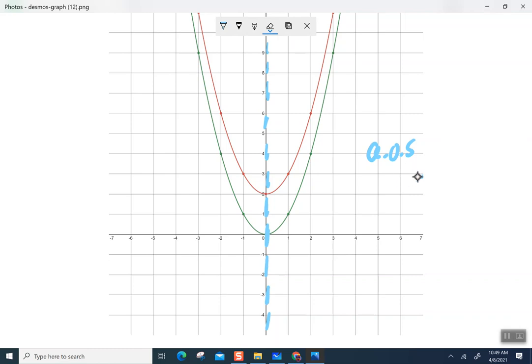The axis of symmetry is an x value, where if you were to draw an imaginary line and cut through the x, where does it cut through the x at? Well, this one looks like if you were to cut through the x, it would be at 0 right here.